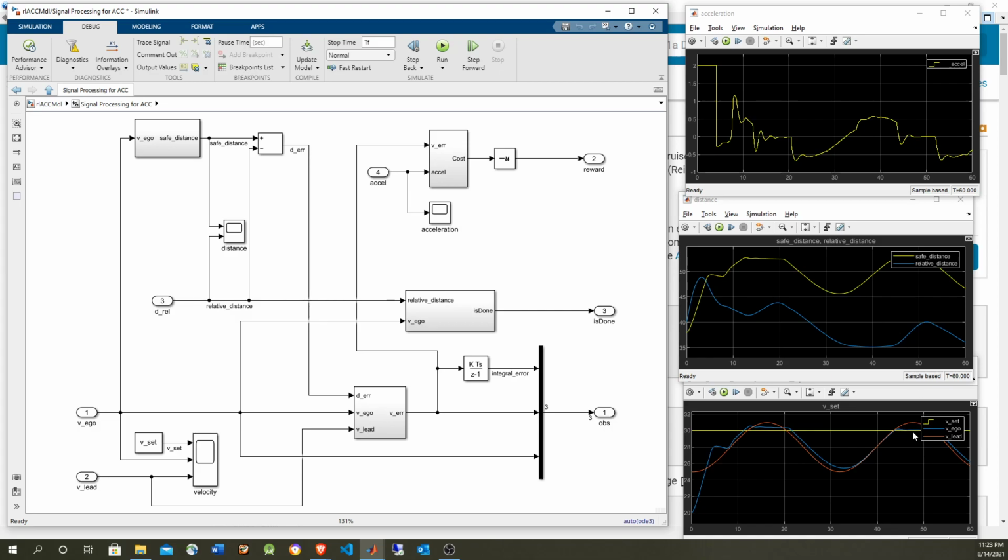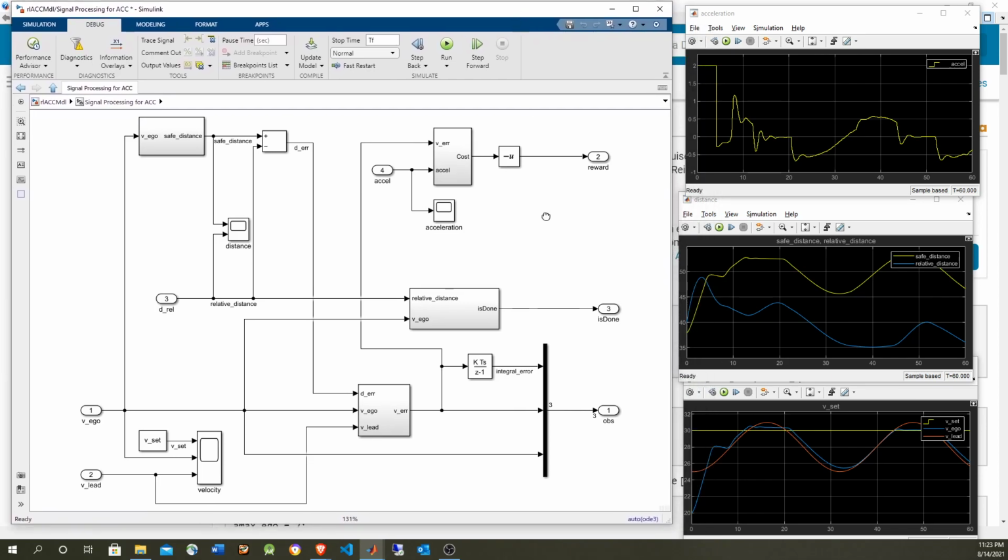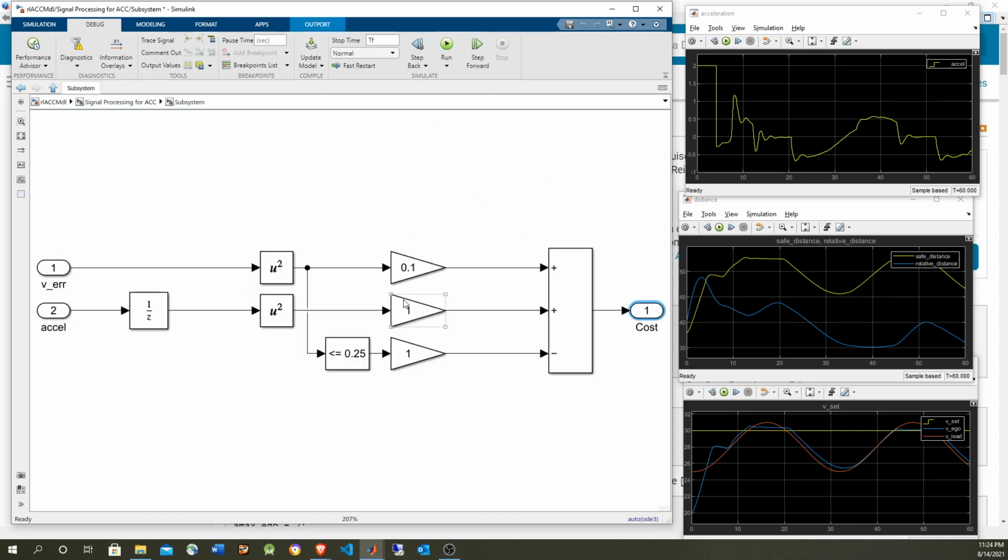But still, this can be improved. Let me see if I can get back the control of the model. Yeah, this can be improved in the reward formula. You can notice in here that the error velocity is 0.1. This can be incremented to maybe 1.